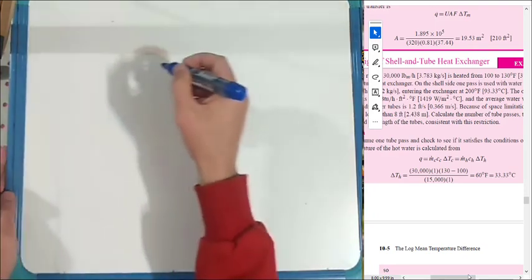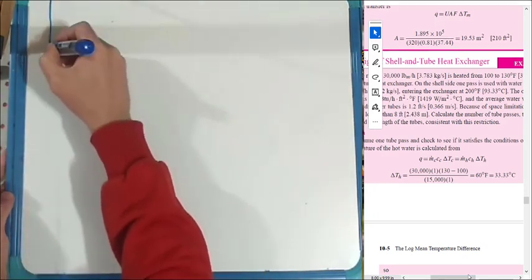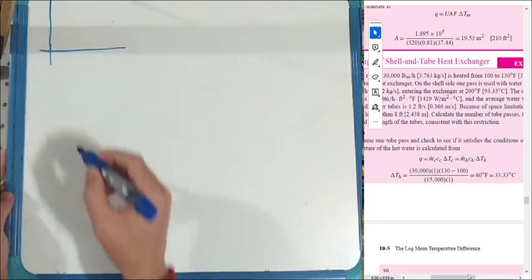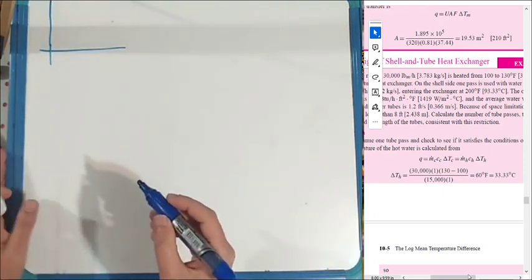First I have to draw the diagram of this kind of tube and shell heat exchanger.